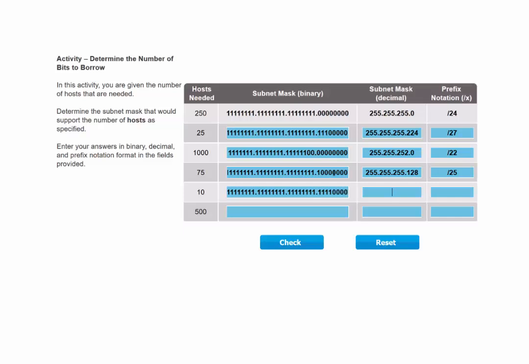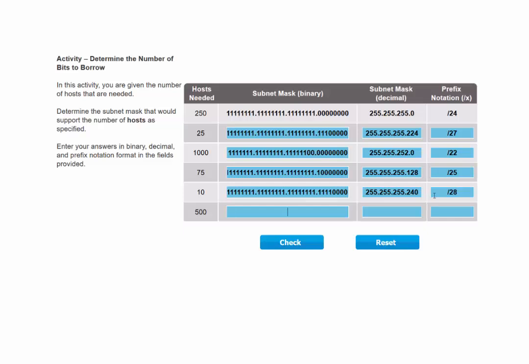Okay, and of course this is 255.255.255 dot, and this is 128, 192, 224, and this is 240. And this will be, of course, 24 plus 4. This is slash 28.